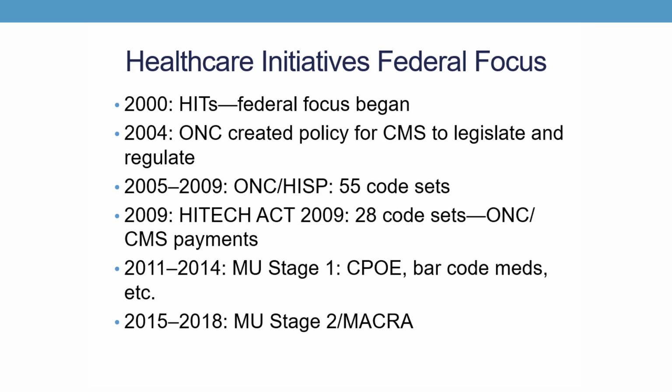This interest led to the formation in 2004 of a new HHS department called the Office of the National Coordinator of Healthcare Information Technology, called ONC, which still exists and was established to recommend healthcare technology applications for the Centers for Medicare and Medicaid Services, known as CMS, to implement as federal legislative regulations.